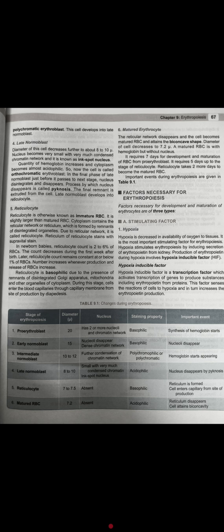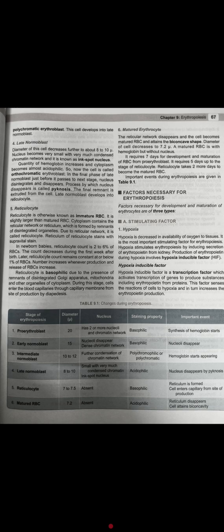But as we go down into further divided stages, as the cell is decreasing, the size of the nucleus is also decreasing, and in late normoblast it became very small, and the chromatin became very condensed. They are no longer reticular, they are a very condensed chromatin network, and it is called an ink spot nucleus. Ink spot means little spot.